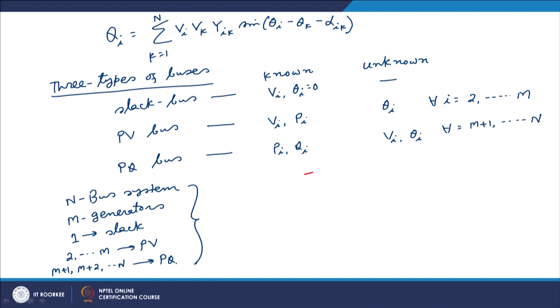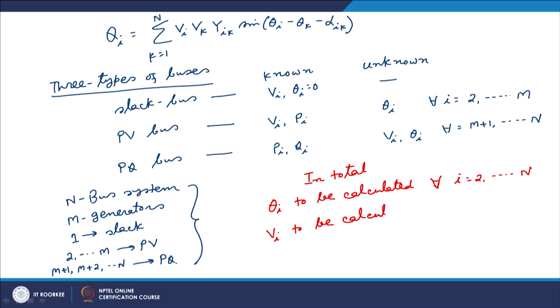So in total, theta i is to be calculated for all i from 2 to n, and V i is to be calculated for all i from m plus 1 to n.